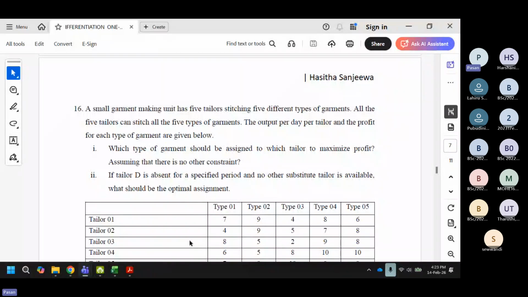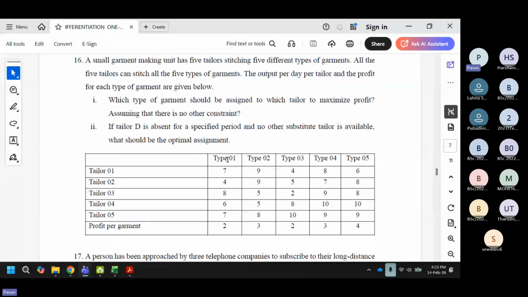Okay, so initially, now we don't need to produce all five types, right? I was checking whether we need to produce all five types or not.